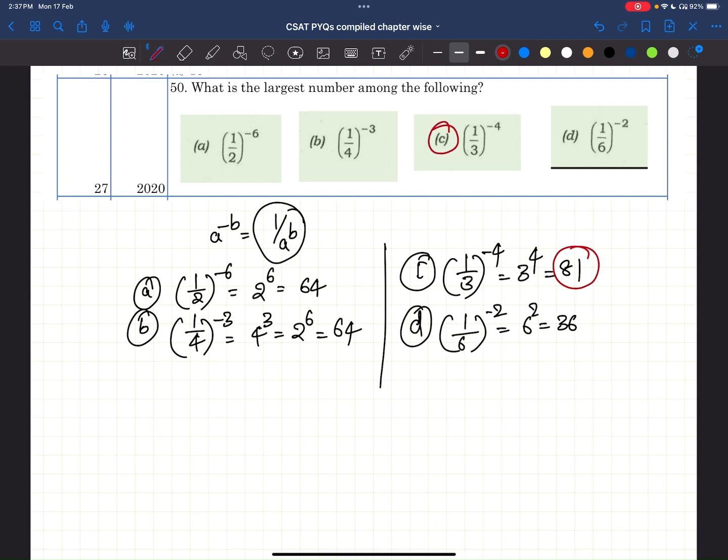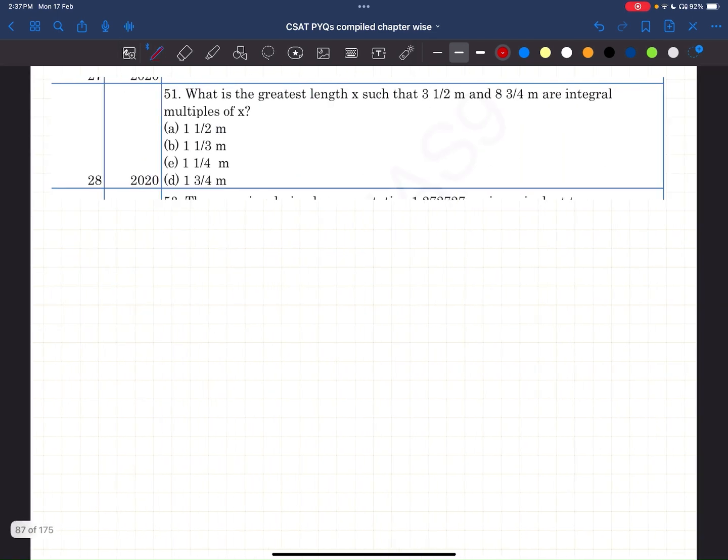Now, let's go to the next question. What is the greatest length x such that 3 1/2 meters and 8 3/4 meters are integral multiples of x? See, what is given? Let's take this as 3.5 meters and 8.75 meters.